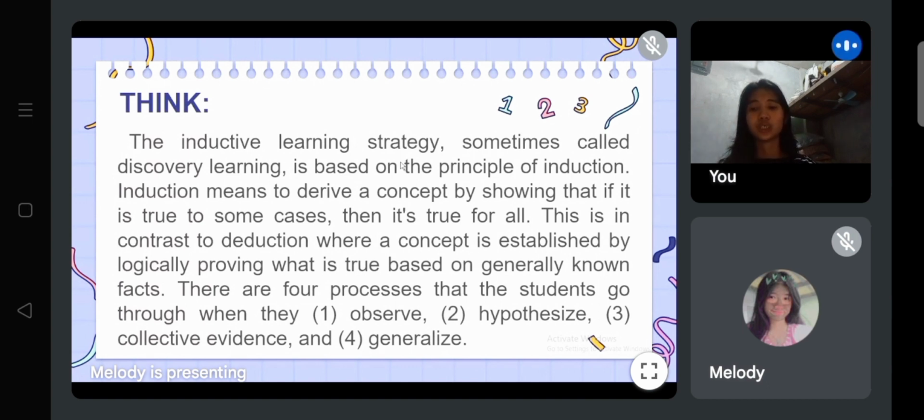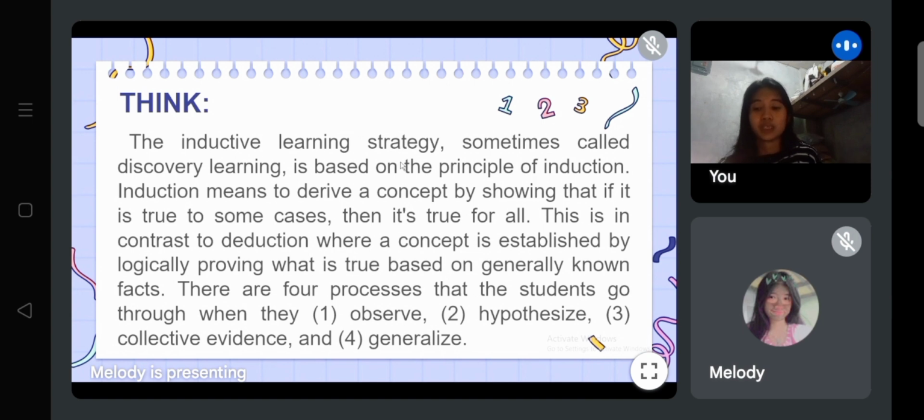For example, the activities involved in inductive learning might be comparing and contrasting, grouping and labeling, and finding a pattern. Usually, we look for examples so that we can get the answer.